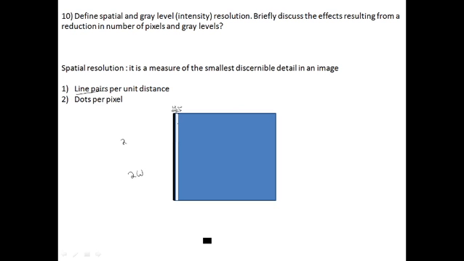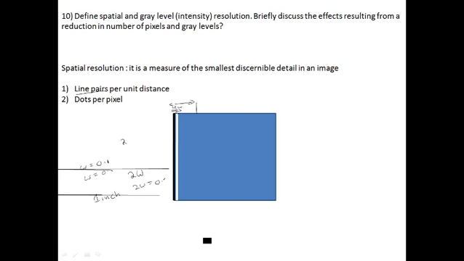Let us consider it as 1 inch. Let the value of W be 0.1, the width of the black line. The width of the white line would also be 0.1. So the total 2W will be equal to 0.2.